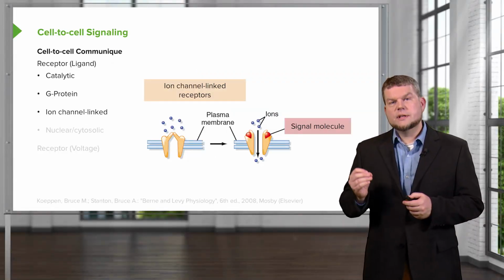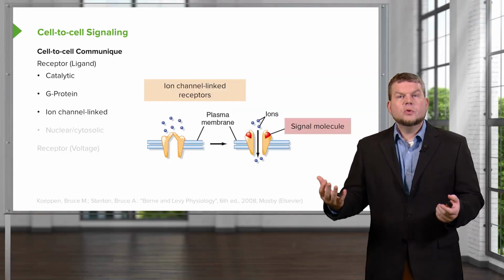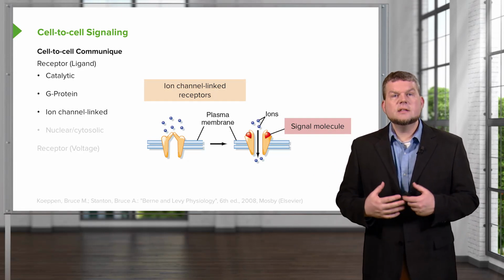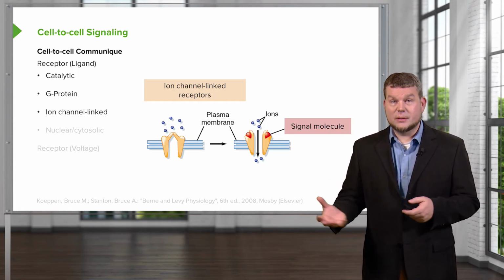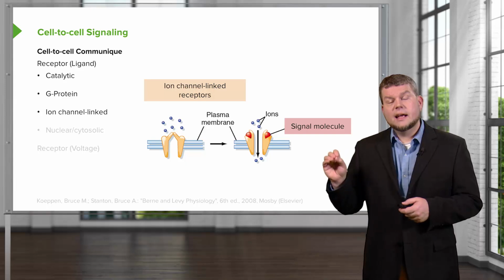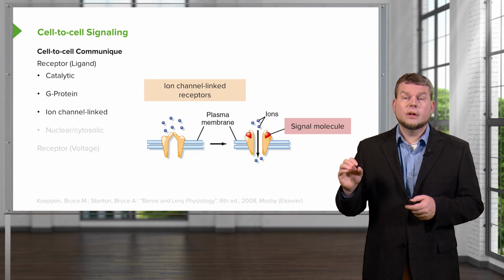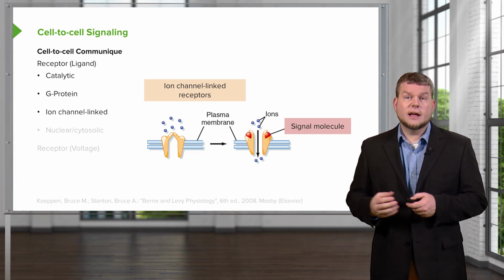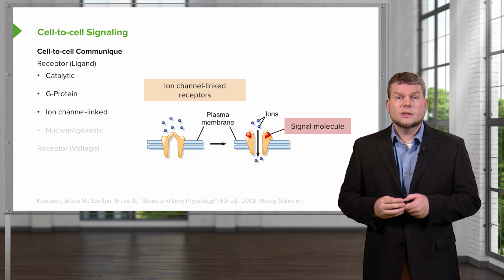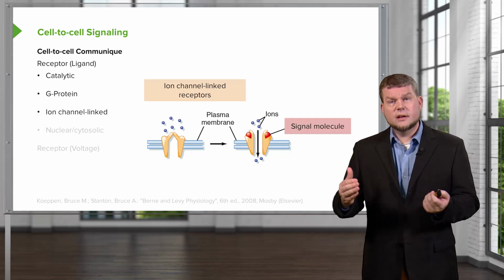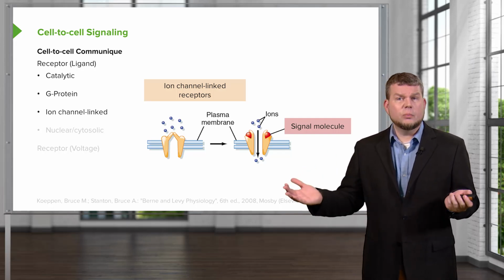Other receptors usually just move in ions, and these are ion channel linked receptors. You might have the ligand bind to a specific part of the channel, and that then allows for the ions to travel through. So it might be closed initially, the ligand binds, and it opens up.